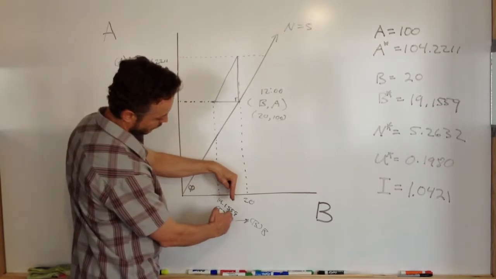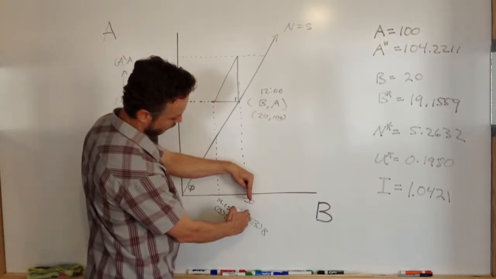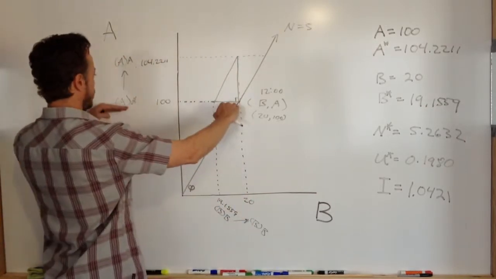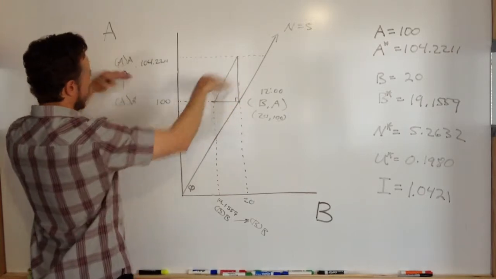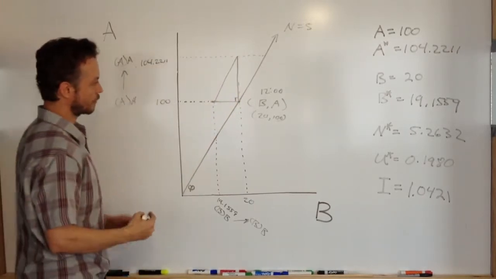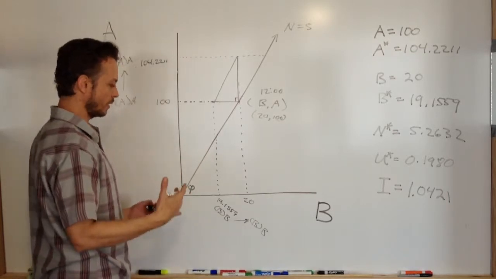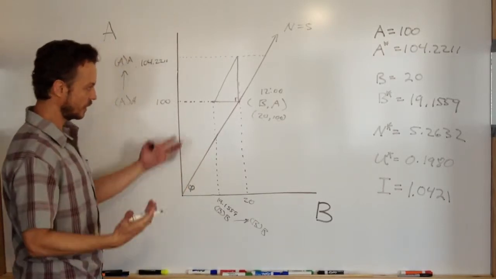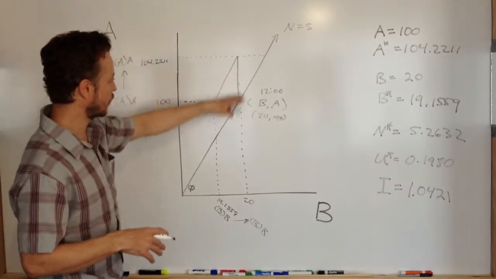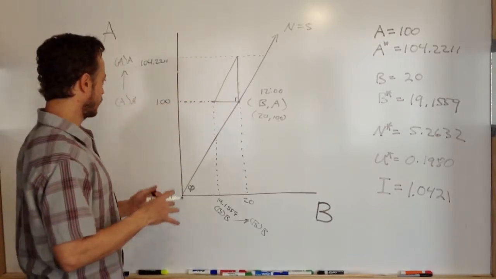Then when B works forward to 20, A has progressed to 104.221. So there's a noon relative to A, there's a noon relative to B, and this basically plots out where they are relative to each other.